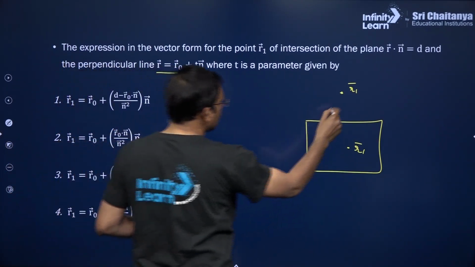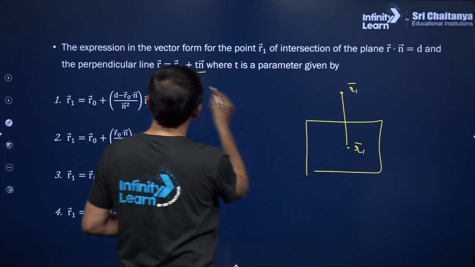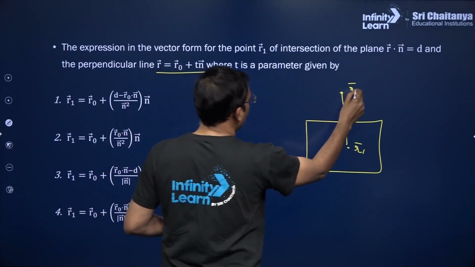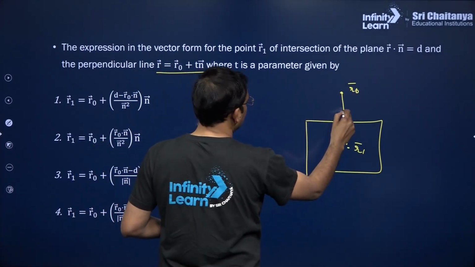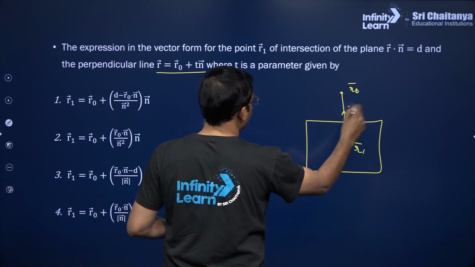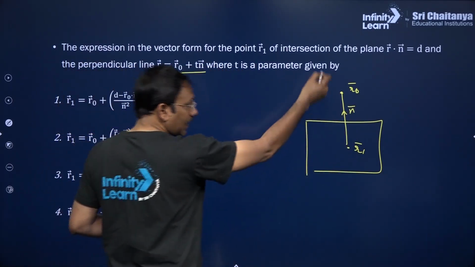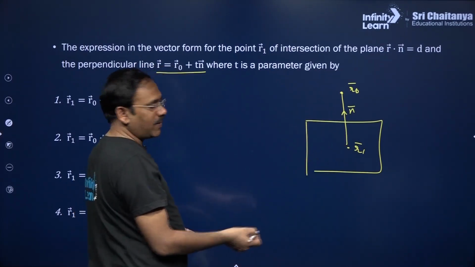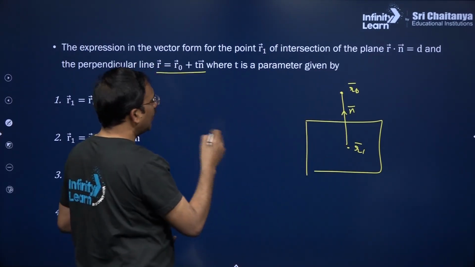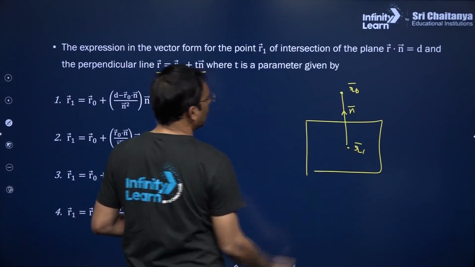Okay. There is a line, my dear friends, which is passing through r0 and n bar is the normal vector. So, this is a line which is perpendicular to this plane, that means normal DRs are like this, and this plane is passing through r1 bar.